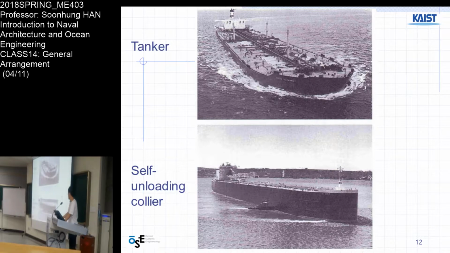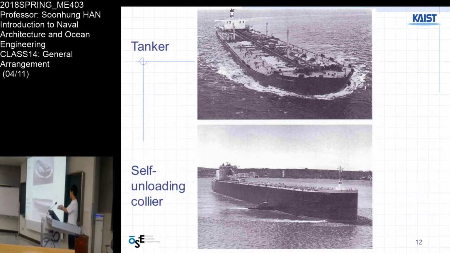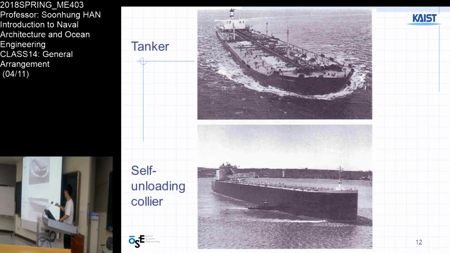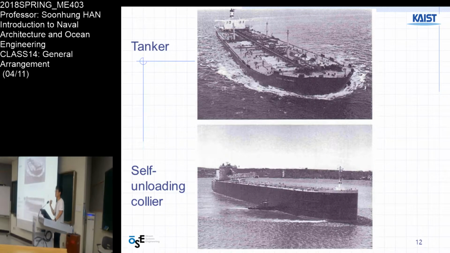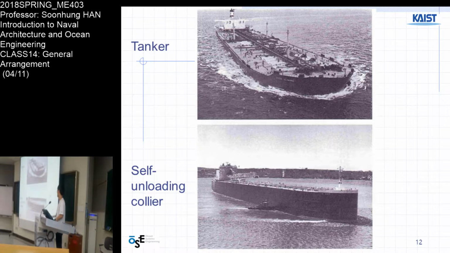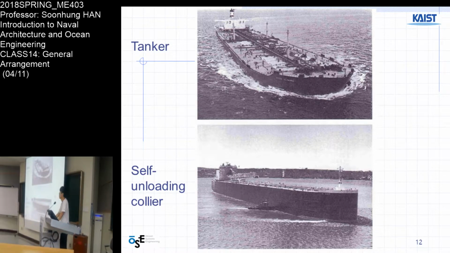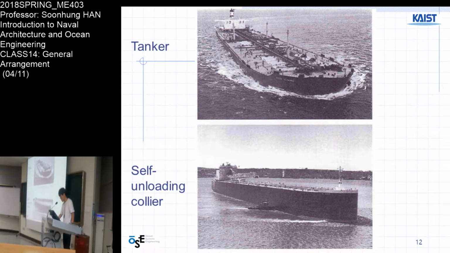And at the very bottom of the double bottom, there is a conveyor belt so that it can unload the grains itself. That's why the name of this ship is self-unloading collier.